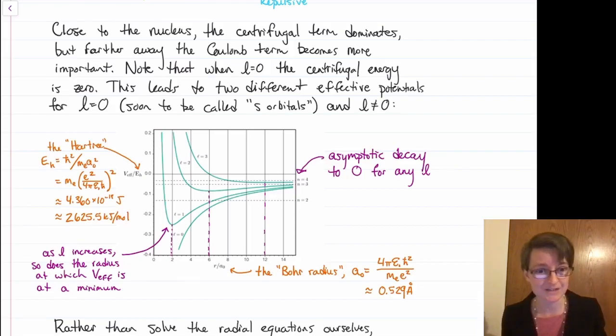An electron in an s orbital has no problem being right next to the nucleus because there's nothing in the potential that repels it away, but an electron in a p or a d orbital does have that repulsive behavior, and that's going to change the shape of our wave function as a result.